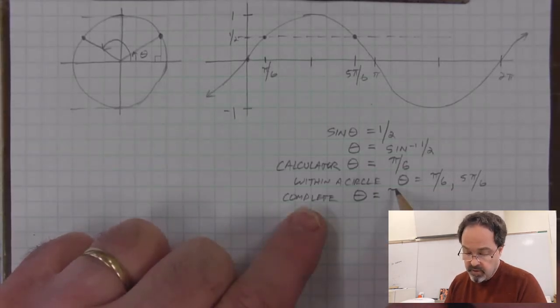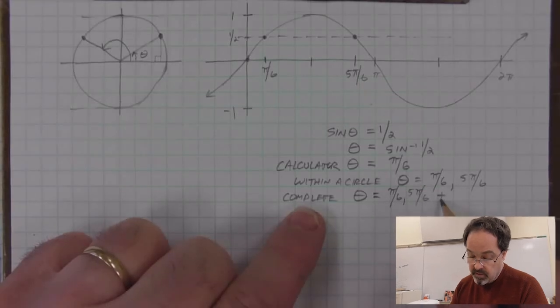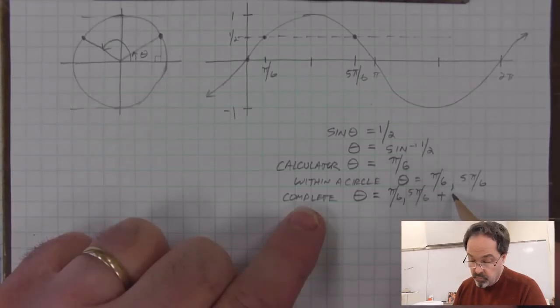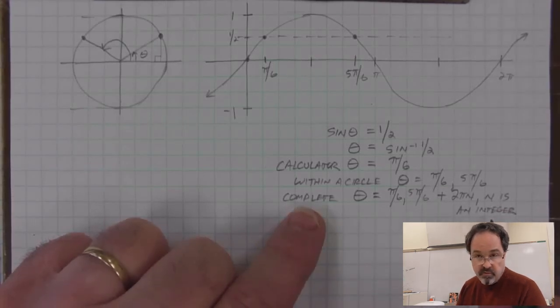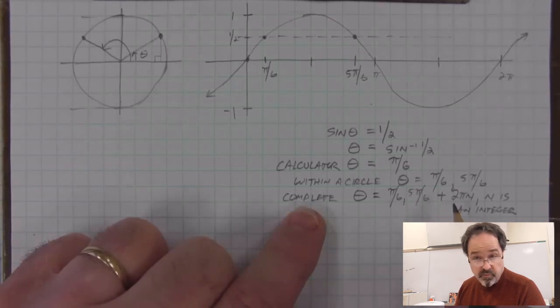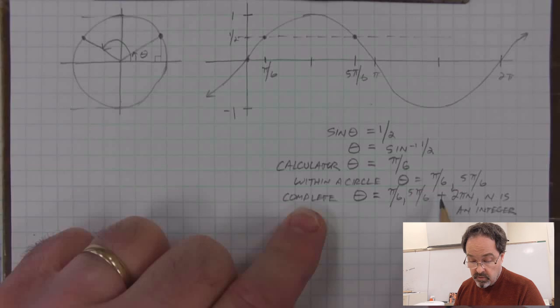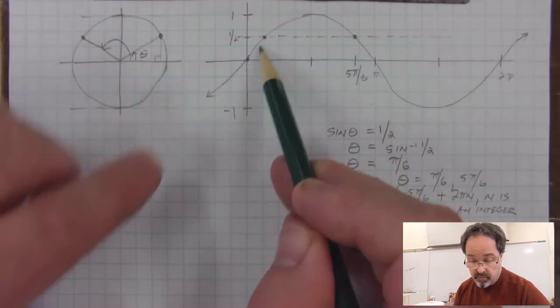Theta is the two angles that can be found within the circle plus full circles, or 2 pi n, where n is an integer. And because integers can be negative, then that takes care of also subtracting full circles, which is all of the intersections to the left on this graph.